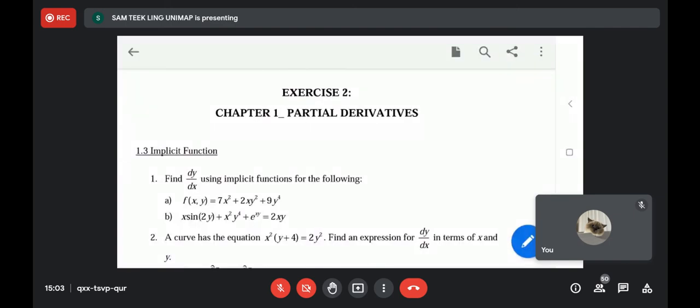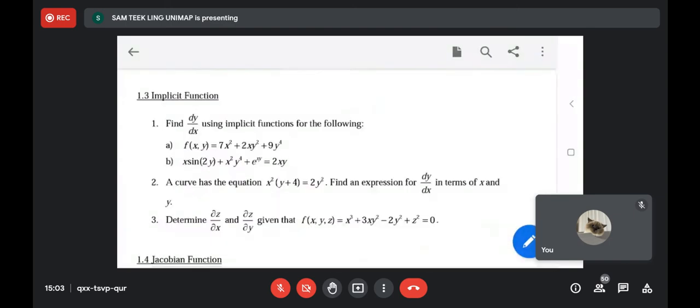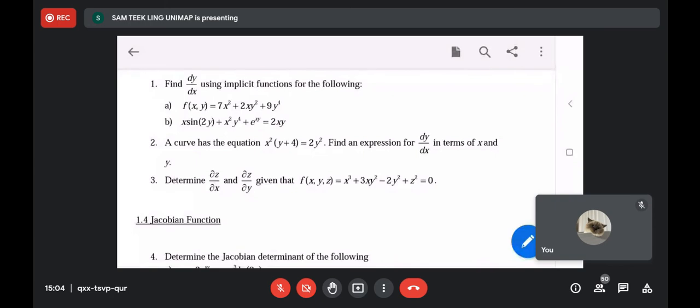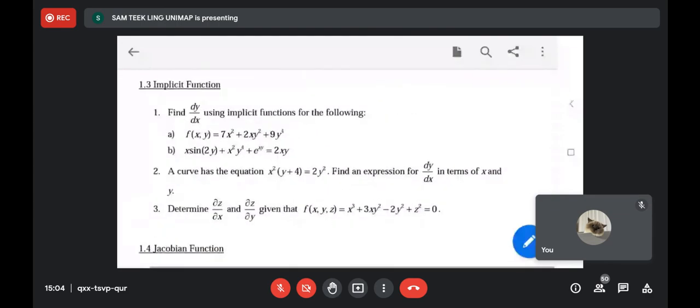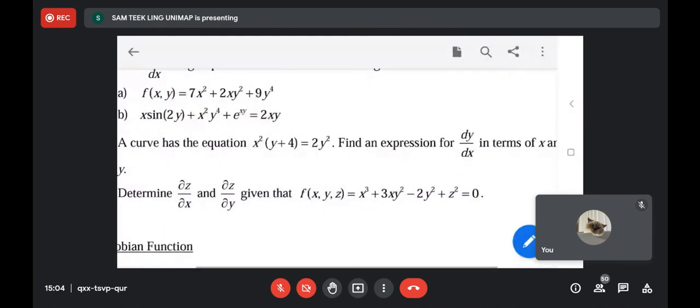So for this one, implicit function, question 1 and question 2 are no problem. And Jacobian is also no problem. So question 3, what is the difference?